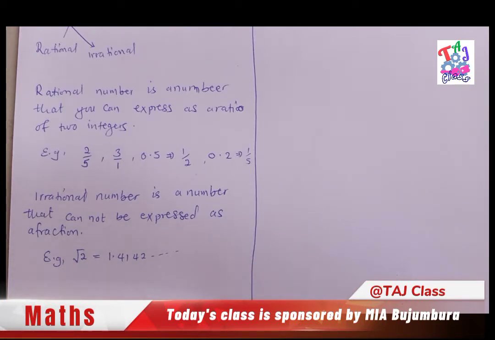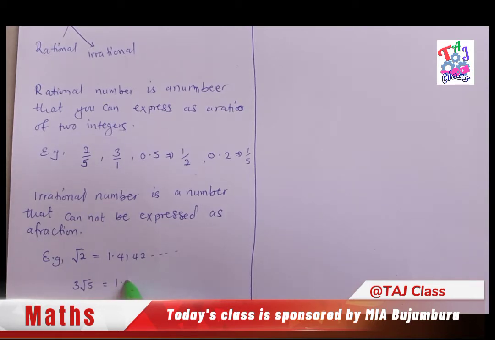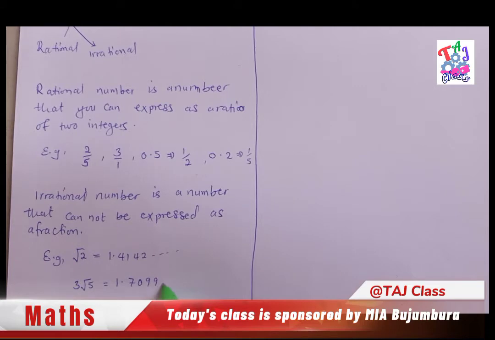Then another example is the cube root of 5. This one is also an irrational number because its result has unending decimals. If you press it in a calculator, the cube root of 5 is going to be 1.7099, and it continues.